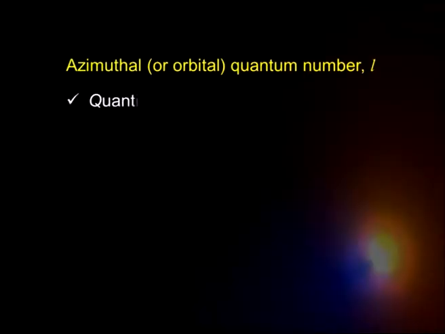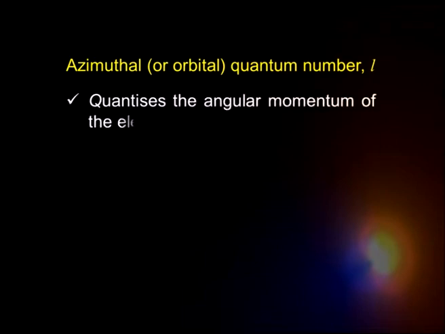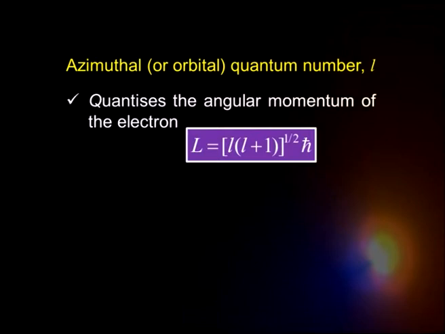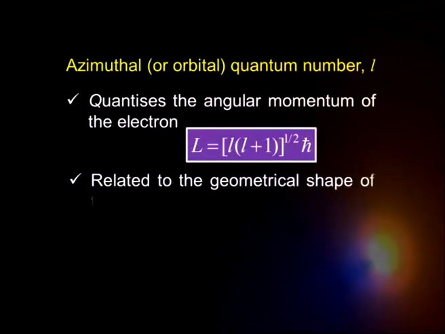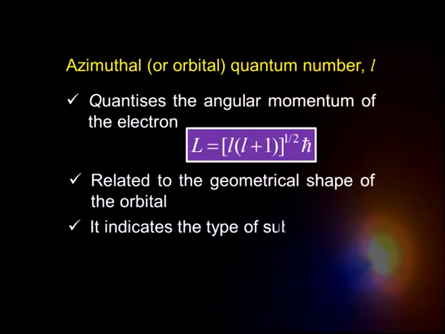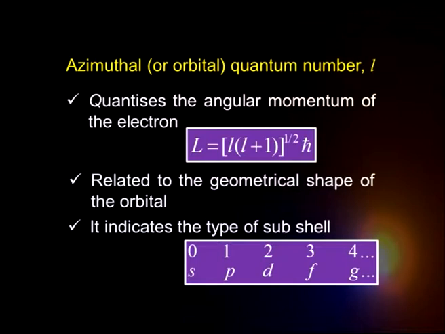The second quantum number is the azimuthal quantum number L. That actually is the one which quantizes the angular momentum of the electron. n was quantizing the energy, L quantizes the angular momentum. And in fact, in colloquial terms, L is related to the geometrical shape of the orbital. If L is equal to 0, we have a spherical shape, s orbital.